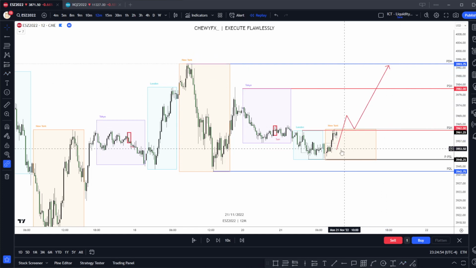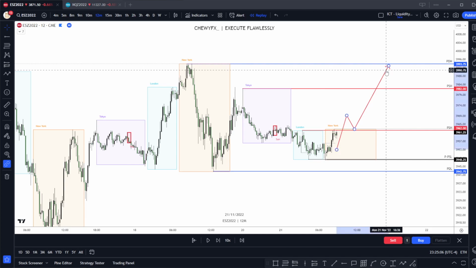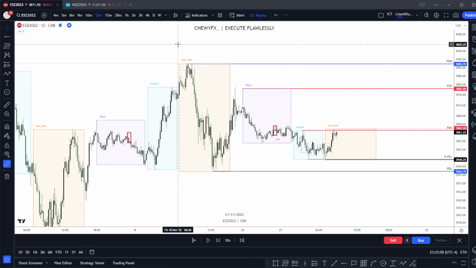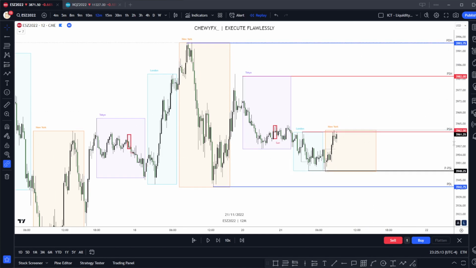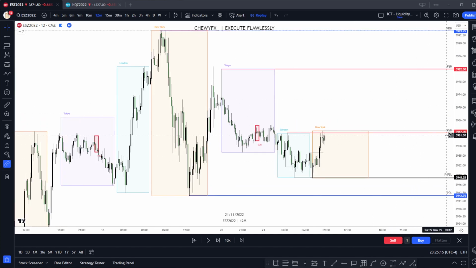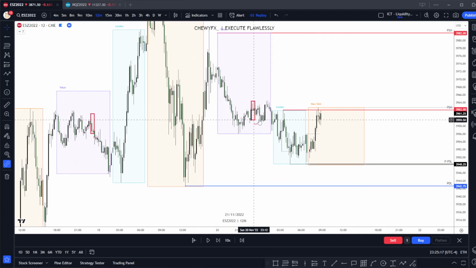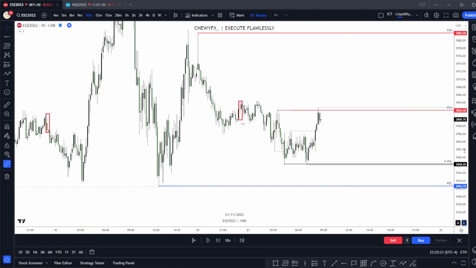And essentially the way that would work is we break the session high, we react off of the session high as an area of discount, and then we have a 10-minute break of structure, and then we take a buy towards the previous day high. But because NASDAQ has swept the previous day low, I am only interested in taking the previous day low on ES, as I'm looking to take trades with these two instruments aligned. So that's just a quick note there for you guys.